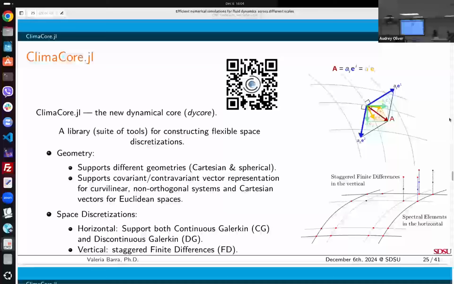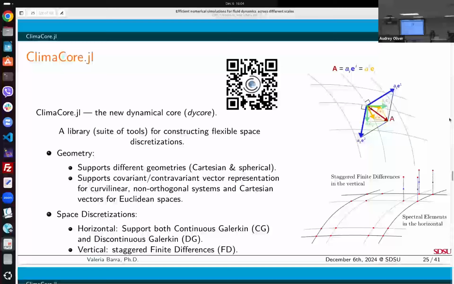So the main contribution for me was in a package in this ecosystem called ClimaCore, which stands for the dynamical core, which is how you discretize all of these equations. In this package, we use spectral element methods in the horizontal dimension and staggered finite differences in the vertical direction.